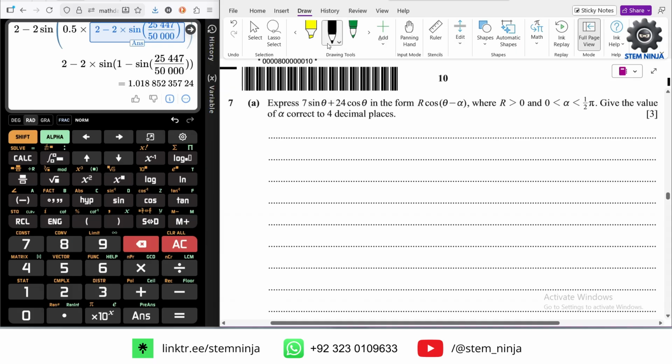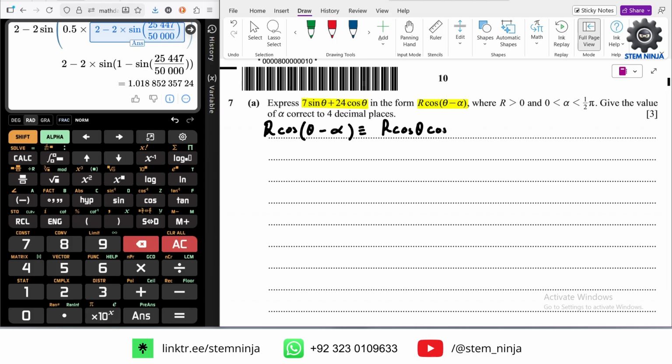Okay, so question number 7. Express 7 sine theta plus 24 cos theta in the form r cos of theta minus alpha. Okay, so first we expand this, so r cos of theta minus alpha. Let's expand this. So this would be r cos theta cos alpha plus r sine theta sine alpha. So this is identical to this thing.